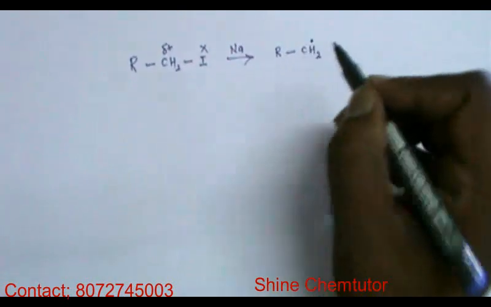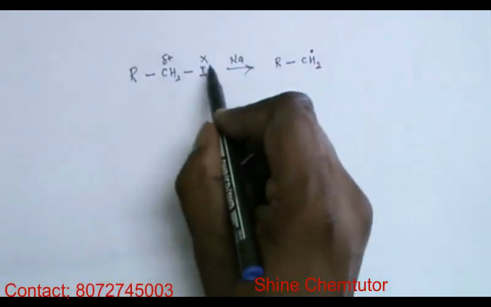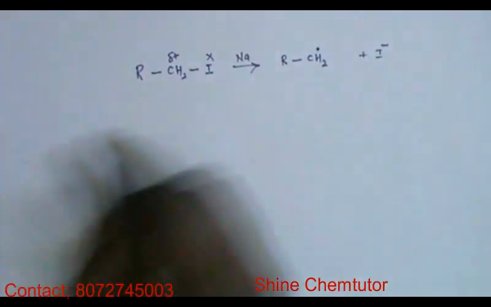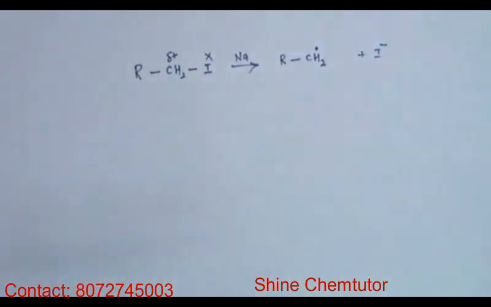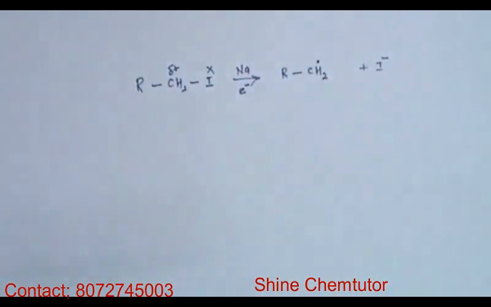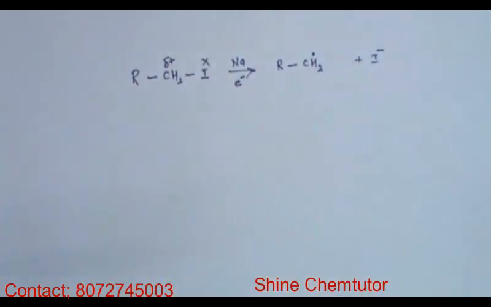That one electron will be on this carbon. This minus charge falls over iodine. So this bond I have placed on iodine. It has given one electron. So now I have got CH2. It is not radical, it is one electron.